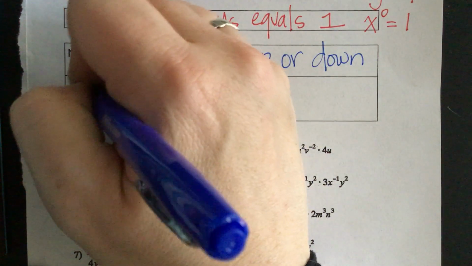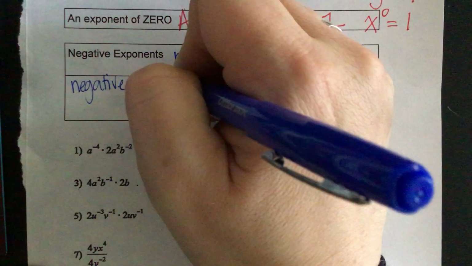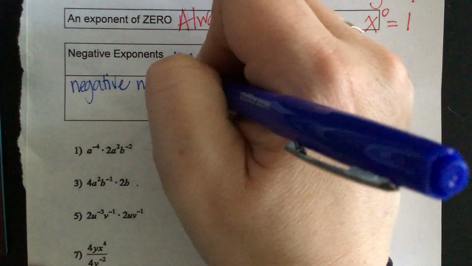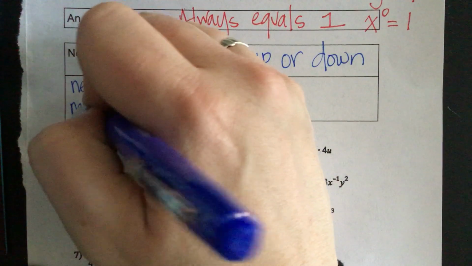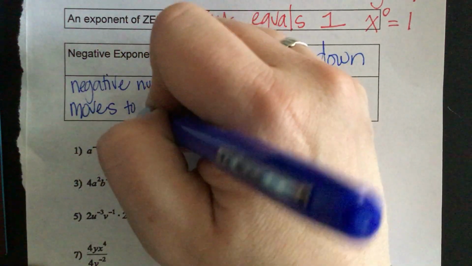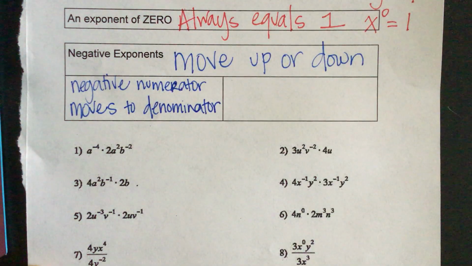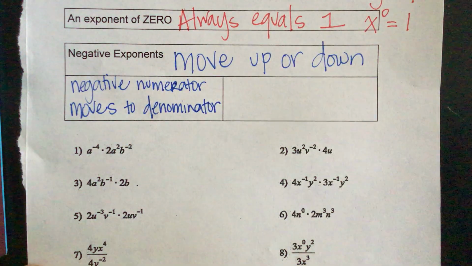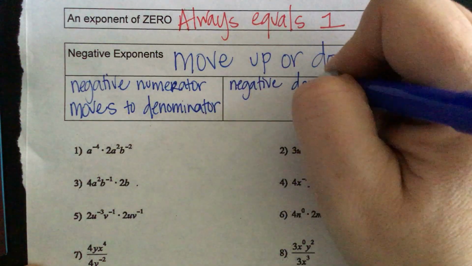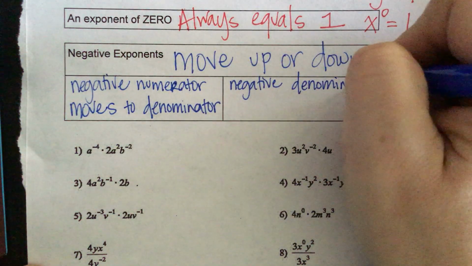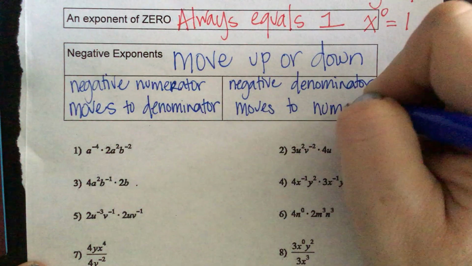If you have a negative in the numerator, which is the top, it moves to the denominator. And if you have a negative in the denominator, it moves to the numerator.